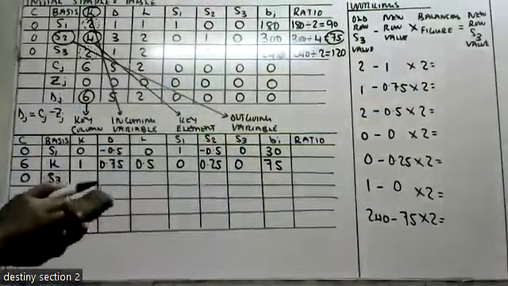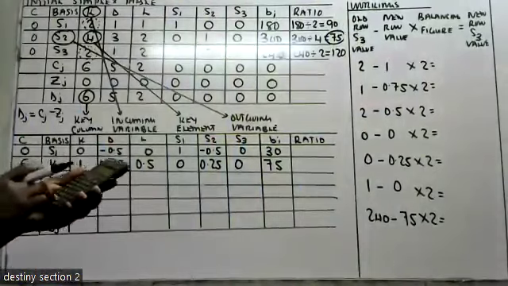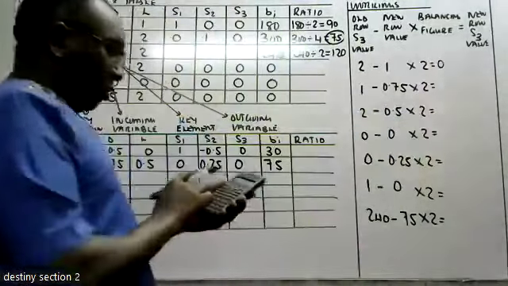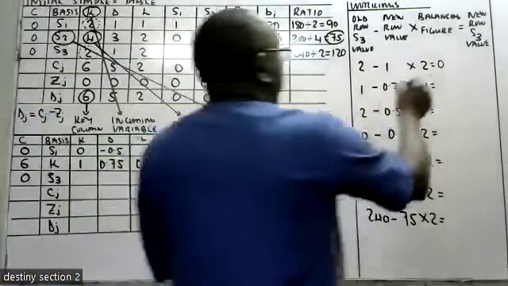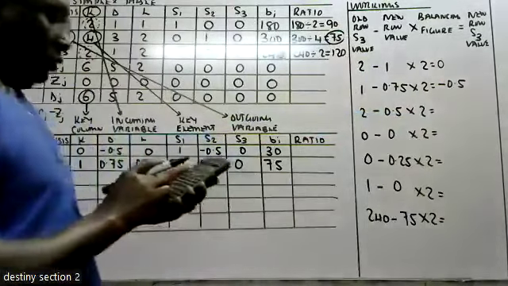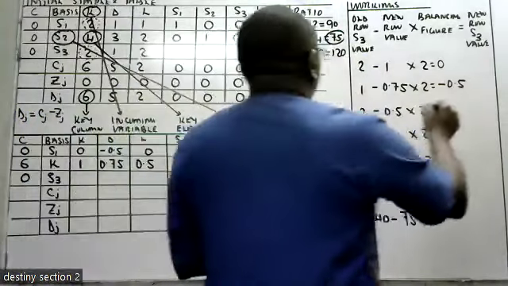So with that, we have 2 minus 1 times 2 is 0. 1 minus 0.75 times 2 is negative 0.5. 2 minus 0.5 times 2 is 1.